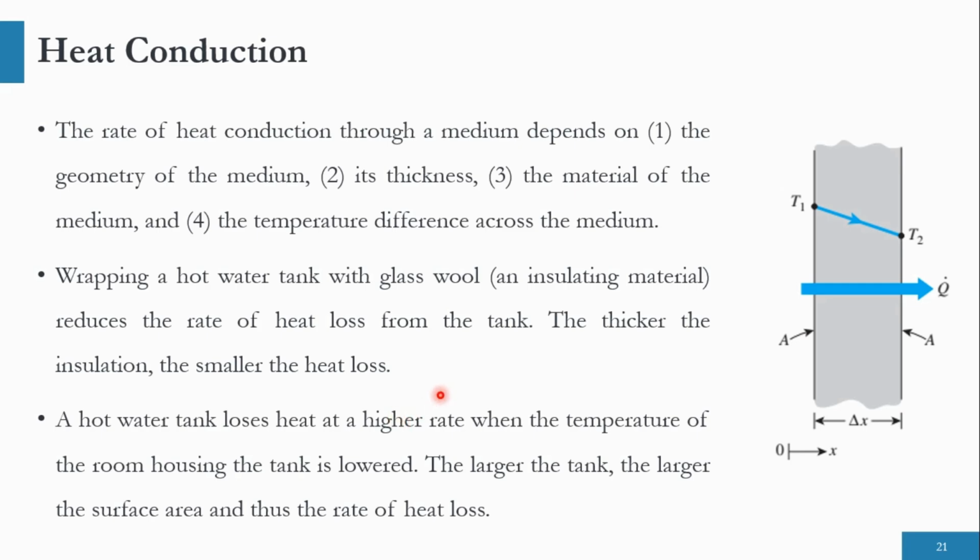So the larger the tank, the larger will be the surface area, and accordingly the larger will be the heat transfer or heat loss. So basically the heat conduction is dependent on four variables: geometry, thickness, material, and temperature difference. We have seen more the temperature difference, more will be the heat transfer; more the thickness of the insulation, lesser will be the heat transfer; more the area, more will be the heat transfer.